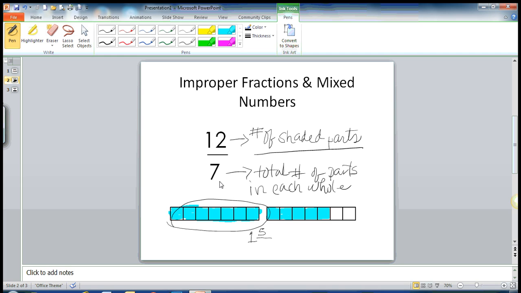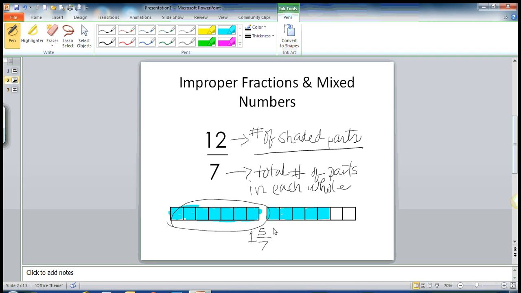And again, our denominator always remains the same. It does not change because the number of parts in our whole models has not changed. So that denominator would stay at 7. So 12/7 is equivalent to 1 and 5/7, giving me 1 whole model shaded and 5 out of 7 parts shaded in another model.